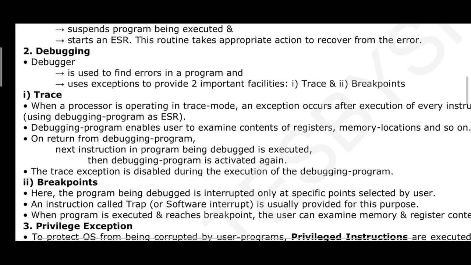A breakpoint means the program being debugged is interrupted only at a specific point selected by the user. You can insert the breakpoint manually to stop the execution of the program.